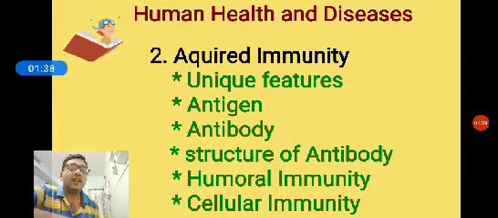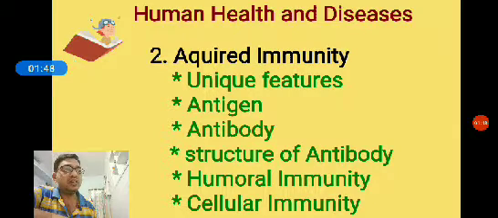Coming to the definition: the immunity acquired by an individual during its life period against a specific pathogen due to previous infection is called acquired immunity.